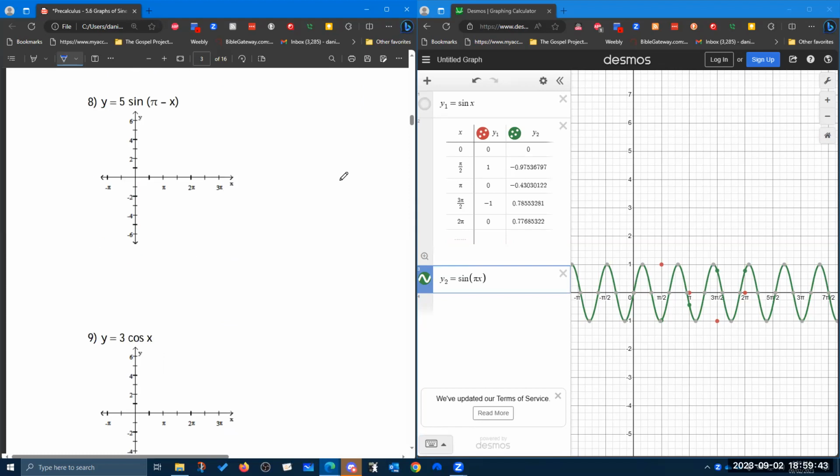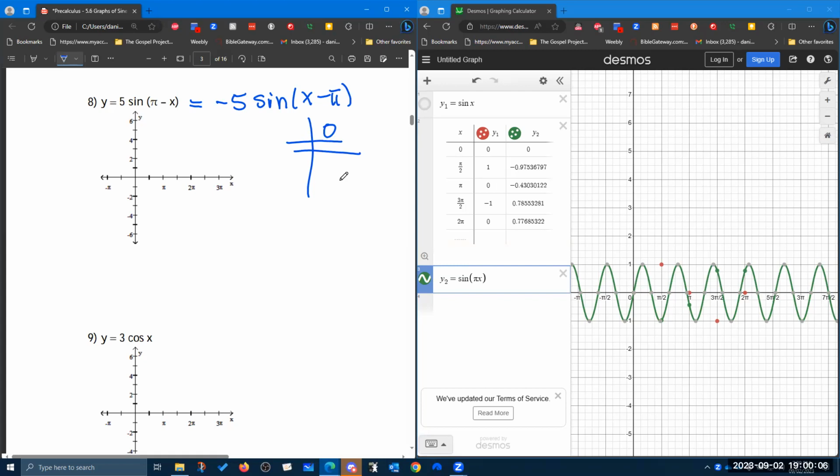Now I'm going to actually use an identity here to get this x written first. I'm going to factor out the negative 1 because it's an odd function and say this is the same thing as negative 5 sine of x minus pi. So we're going to have shifted pi units to the right here.